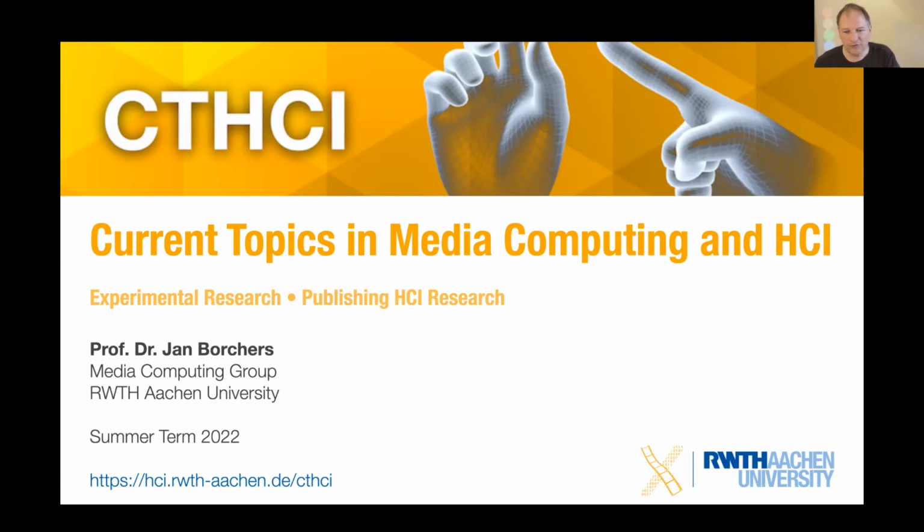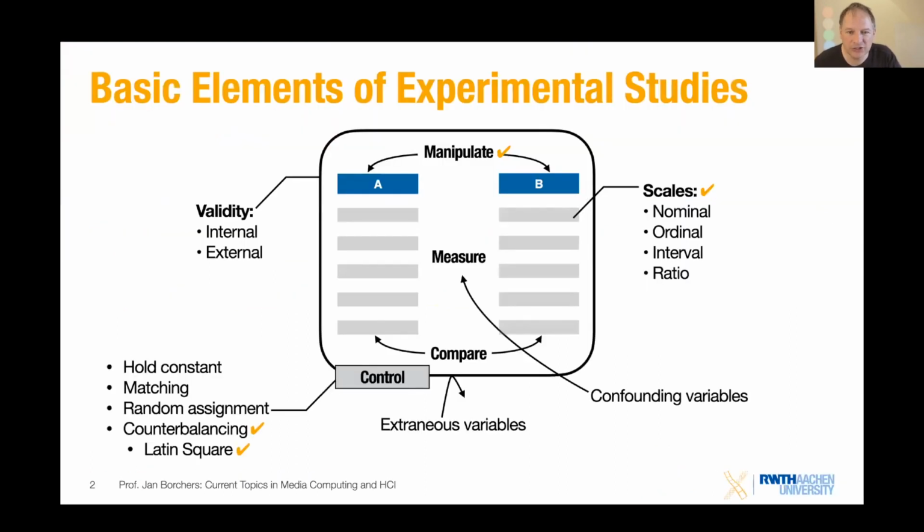Now, we're going to focus on a kind of study and experiment that is quite common in HCI. And that is the one that takes a hypothesis and turns it into an actual controlled experiment.